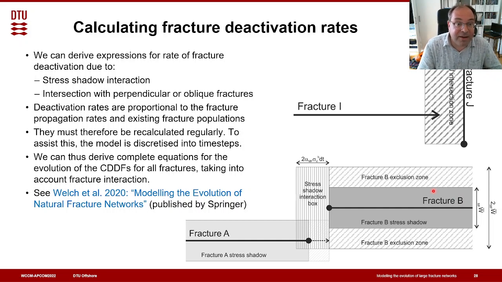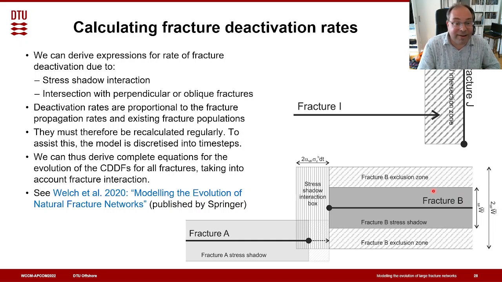However, needless to say, the fracture deactivation rates are proportional to the existing fracture populations. As the fracture density increases, the fracture deactivation rates will also increase. And we therefore need to recalculate the fracture deactivation rates regularly as the fracture network grows.